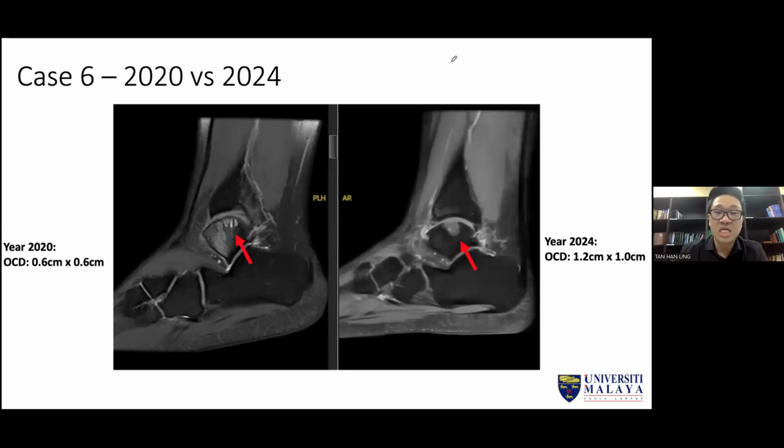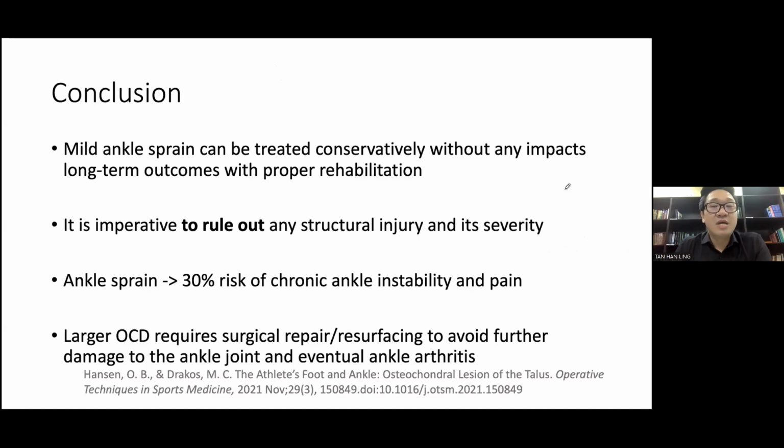But in 2024, the lesion has increased in size to 1.2 centimeters times 1 centimeter. So in the end, that patient requires some sort of surgical intervention. He was scheduled for surgery.